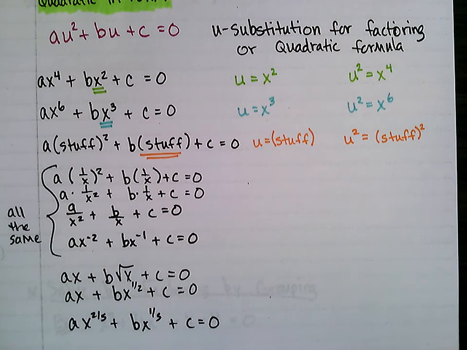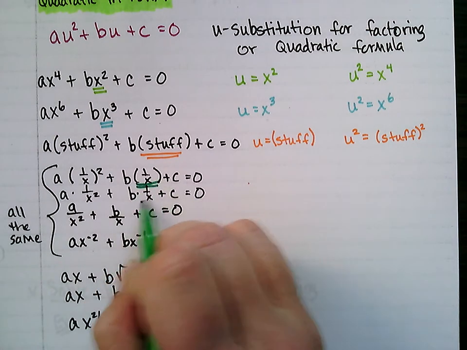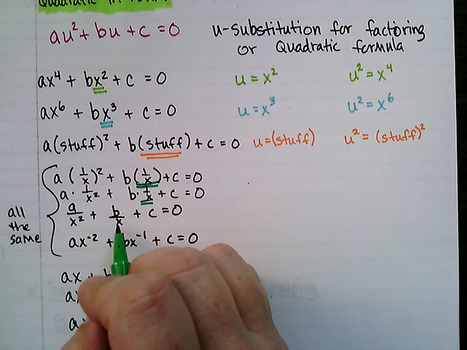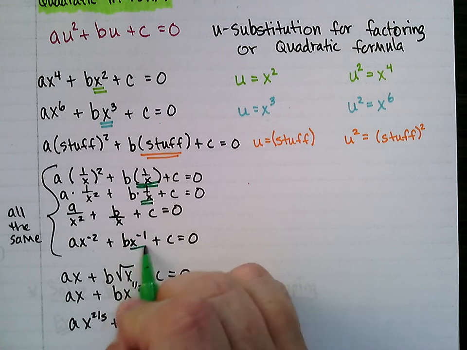Our values for u are going to be found in that same location. So there's going to be different ways to write basically the same problem. Here, this is our guy. Here, this is our guy. This guy is a weird one. Here, this is our guy.